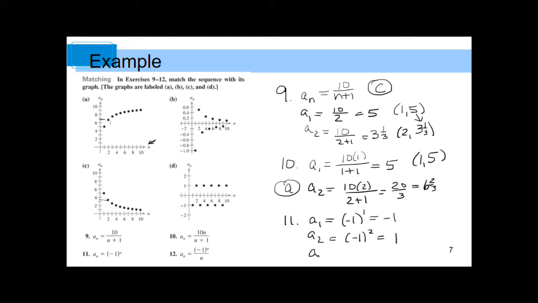So what happens is that a sub 1 is -1, a sub 2 is 1, a sub 3 is -1, and so on. And so where do we see that? That would be D. You see how at 1 we are down, and then 2 we're up, and 3 we're down, and 4 we're up. And it's always alternating between 1 and -1 here.